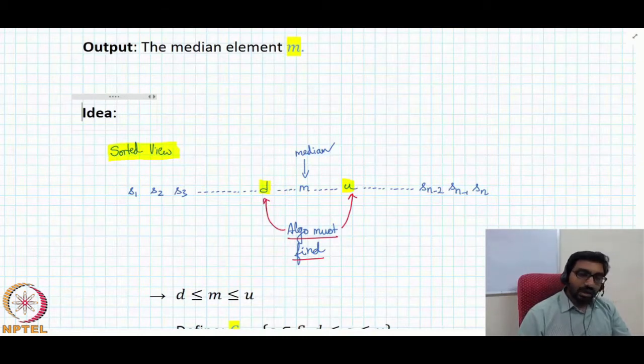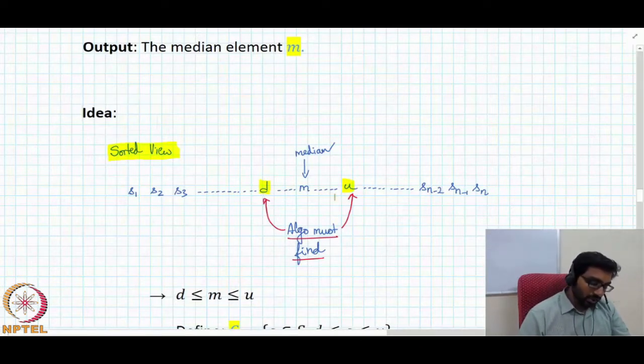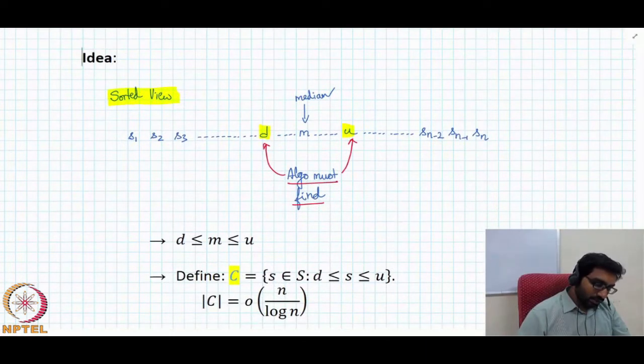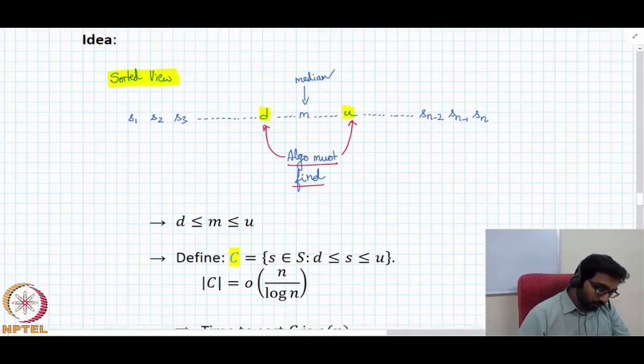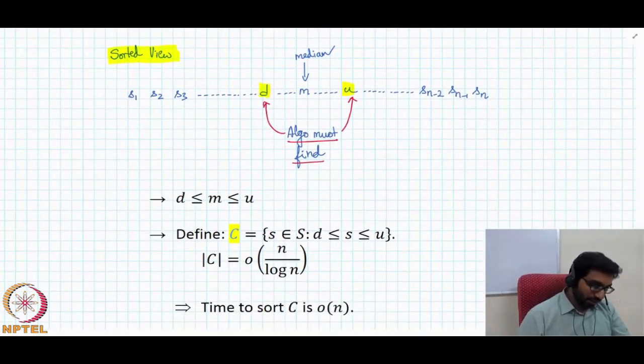And the idea behind this algorithm is to find two elements, D and U, on either side of M. And hopefully these two elements are close to M. So what do we mean by that?